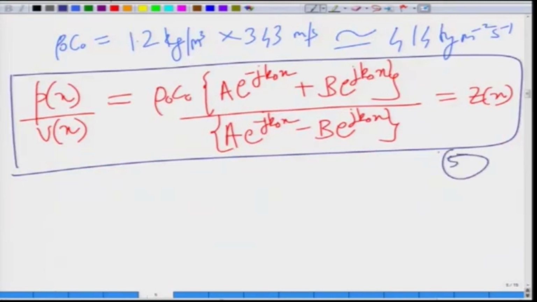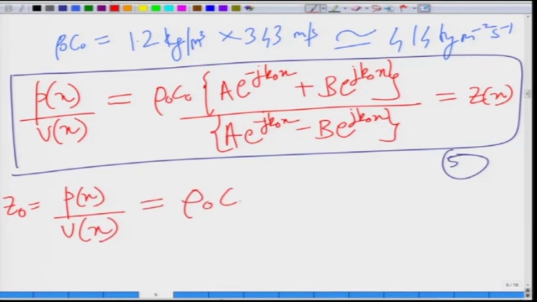Now, suppose we have a duct with only unidirectional propagation, that is, the wave goes only along the positive x direction like this. So, there is no wave going in the backward direction. So, b is 0. If that is the case, the numerator and denominator cancel out and what we are essentially left with is z naught, which is a constant, rho naught C naught.